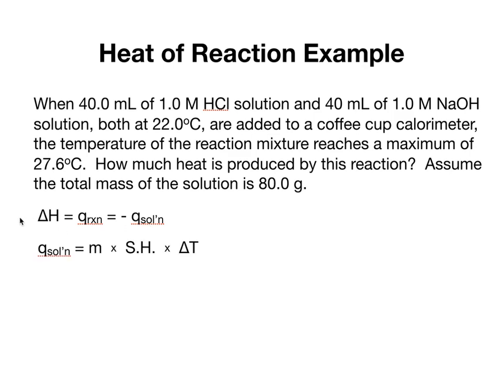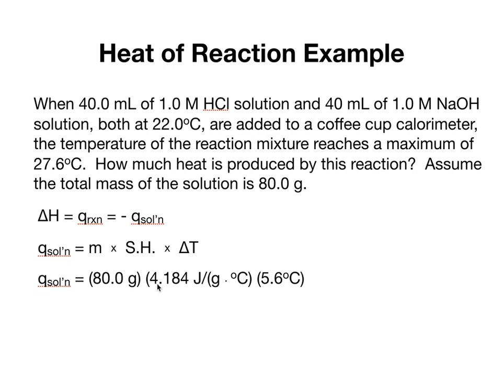So let's calculate the heat of the solution, just like we did in the previous problem. We've got the mass times specific heat times temperature change. We are assuming when we mix both of these together that the total mass is 80 grams. So that's the mass of the solution. Our solvent is water here.